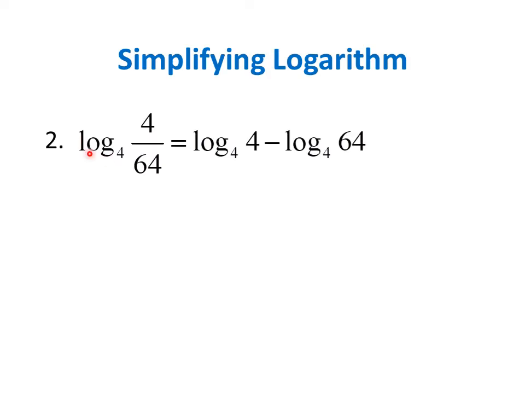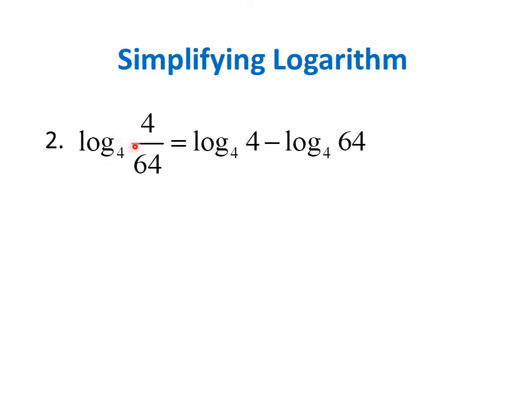Next, let's say we have log to the base 4 of 4 divided by 64. Since in the argument we have a division of 4 and 64, we can expand this single term into two terms. So we can separate 4 and 64, but we have to use the same base 4.